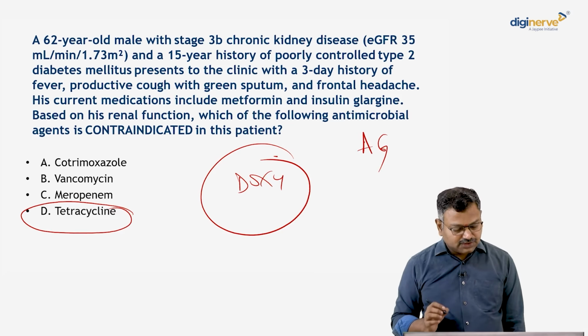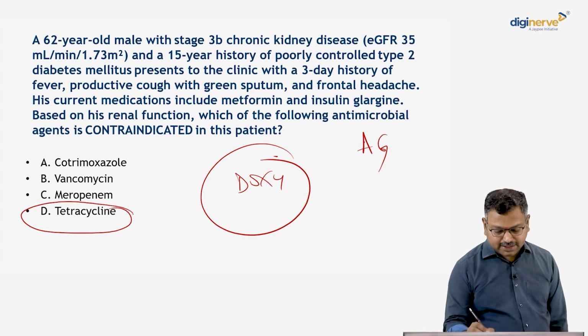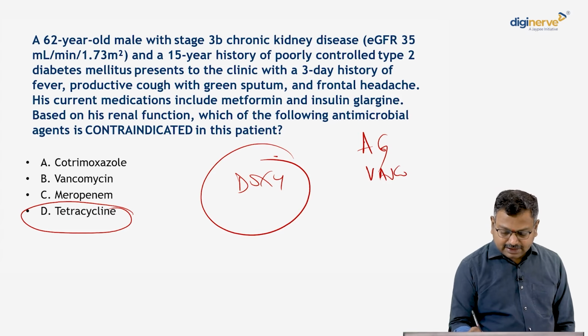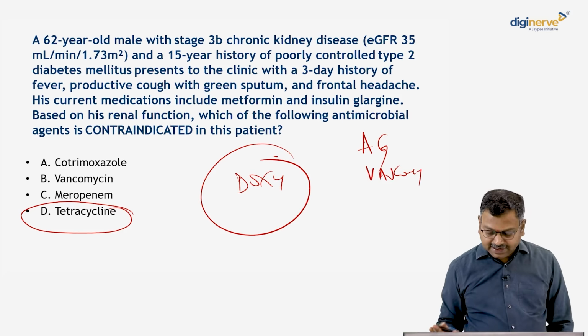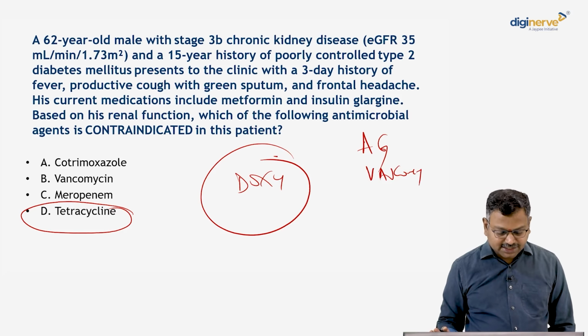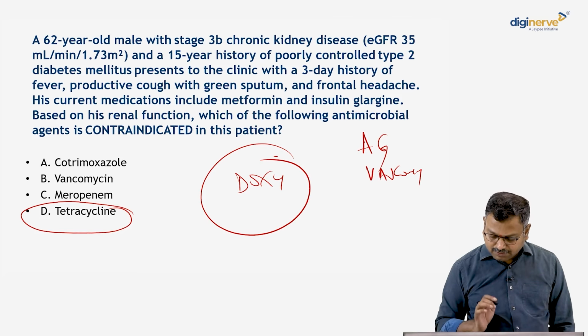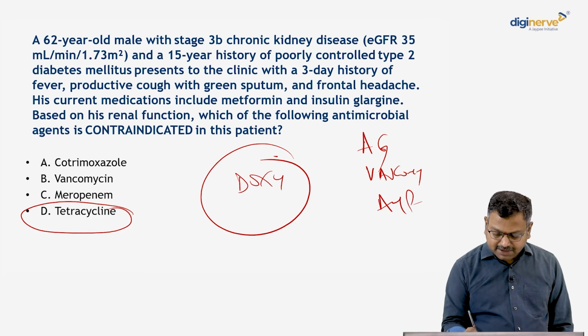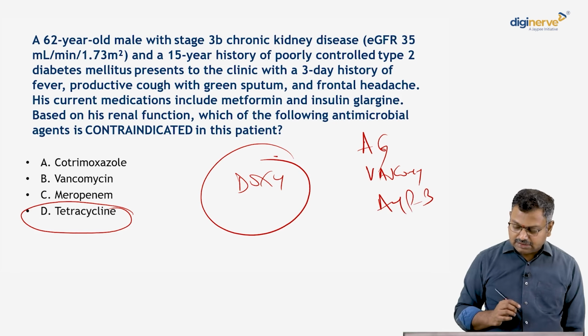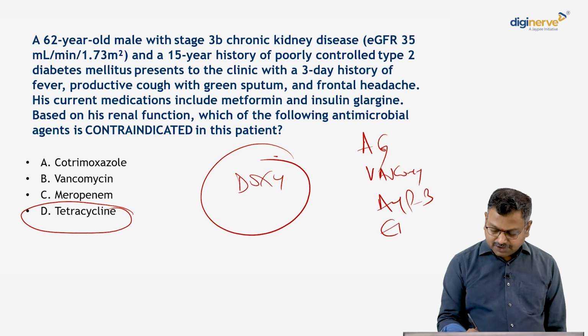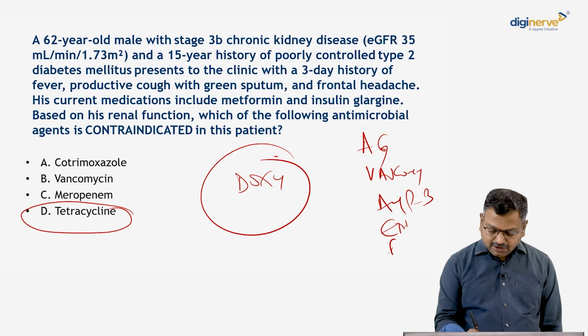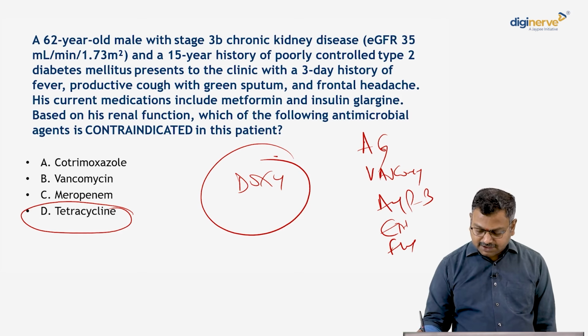Vancomycin can worsen renal function, and it is definitely a concern, but here we don't use vancomycin. Amphotericin B is also a dangerous drug. Ethambutol is an important drug to watch, and flucytosine is an important drug which should be avoided.